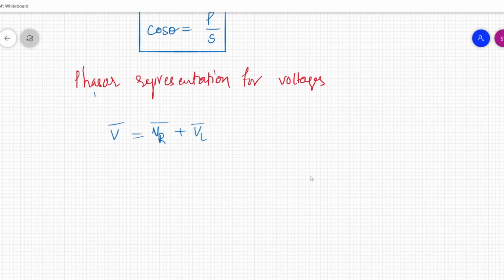Here VL bar is leading the current, lagging the VR bar by 90 degrees. The sum of these two phasors will be our supply voltage. This is the supply voltage V bar. Here, this is the current phasor, because current will be in phase with the resistive voltage. This is the current phasor, and it is lagging the voltage VL by 90 degrees. So this is theta here.